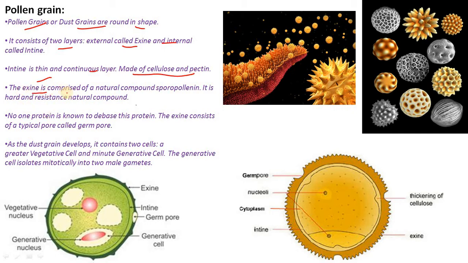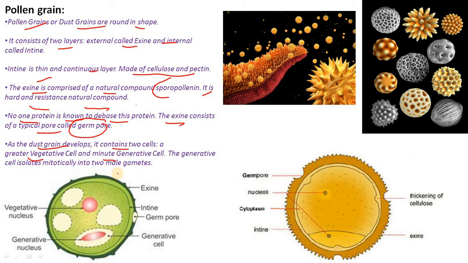The exine is composed of a natural compound called sporopollenin, and it is a hard and resistant compound. The exine has a typical pore called the germ pore. As the pollen grain develops, it consists of two cells, a large vegetative cell and a minute generative cell. The generative cell divides mitotically into two male gametes.